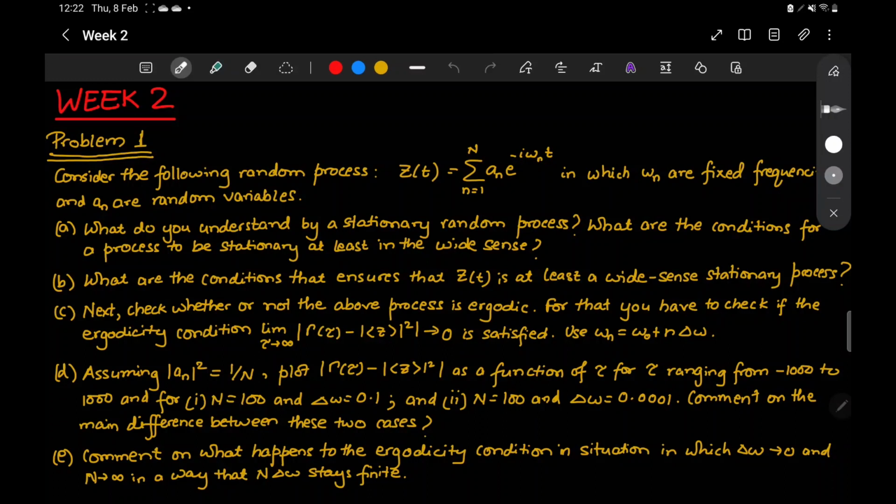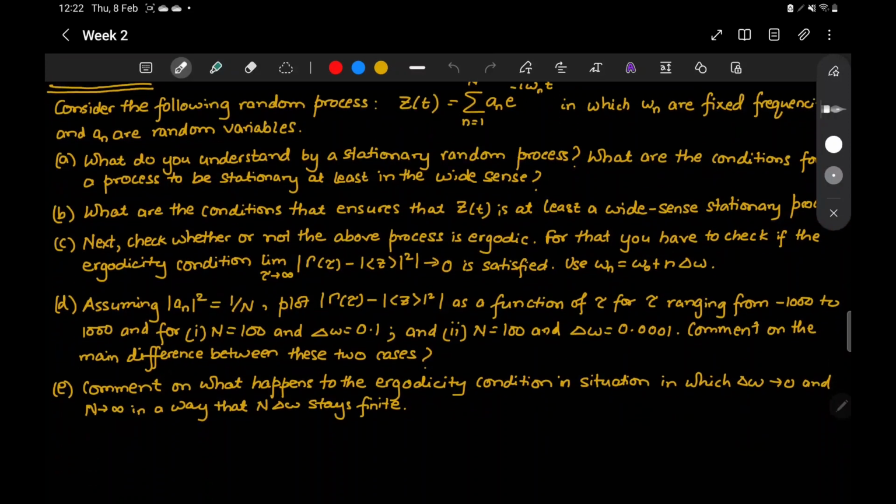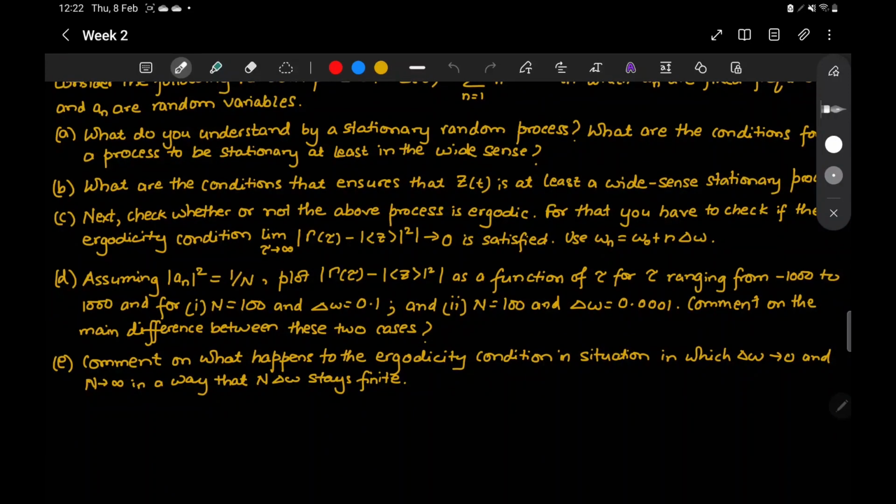For N equal to 100, delta omega equal to 0.1, and for N equal to 100 and delta omega equals 0.0001. Comment on the main difference between these two cases. Part E says, comment on what happens to the ergodicity condition in a situation in which delta omega tends to 0 and N tends to infinity in a way that N delta omega stays finite.